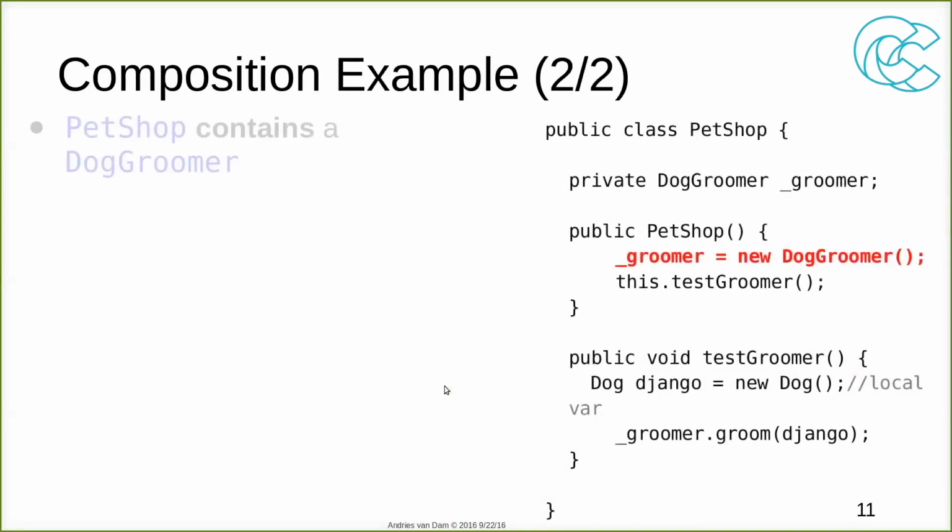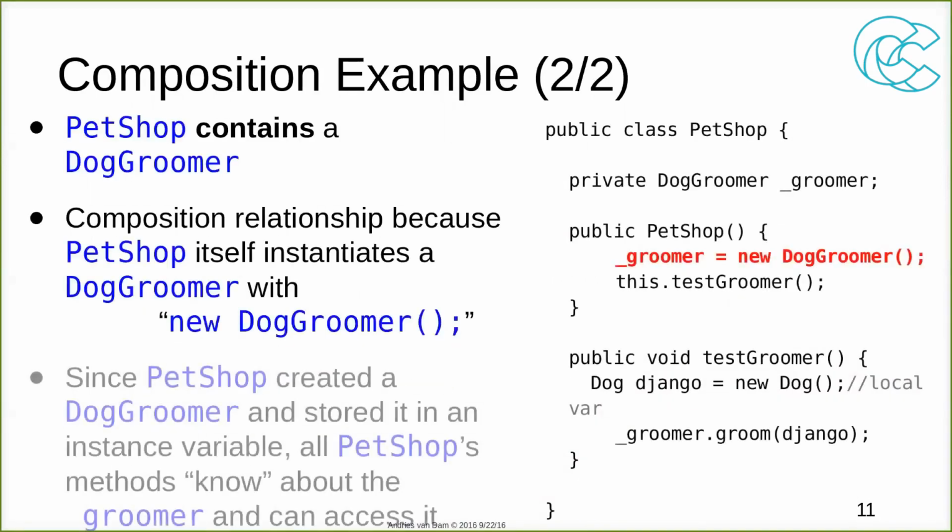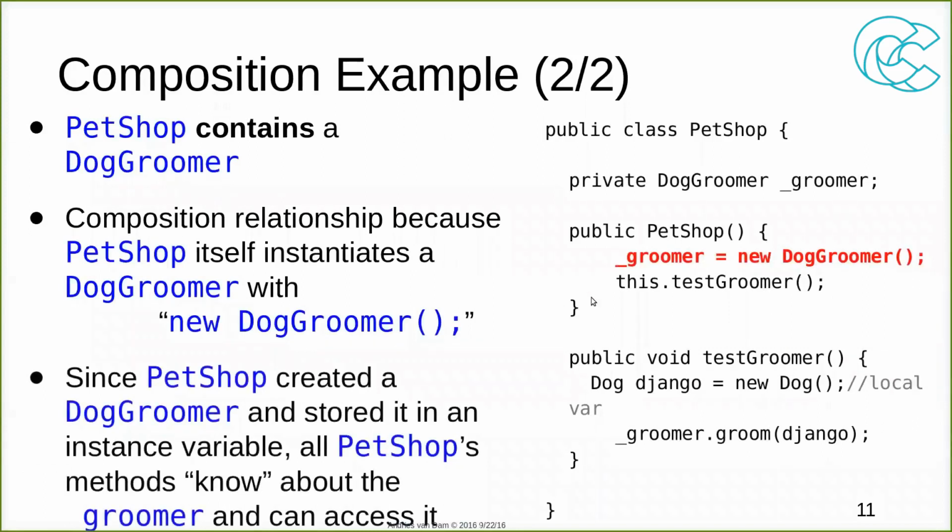Okay, let us look at one more example, which is the pet shop and the groomer. Pet shop has a groomer instance, and if you are creating the instance of the groomer within the pet shop, again there is this composition relationship, right? If the instance of pet shop ceases to exist, then the groomer automatically dies.